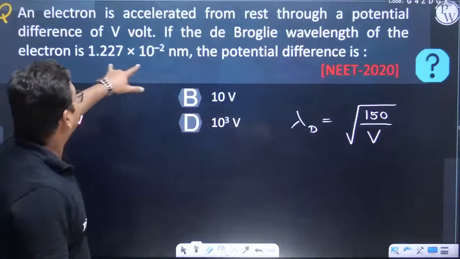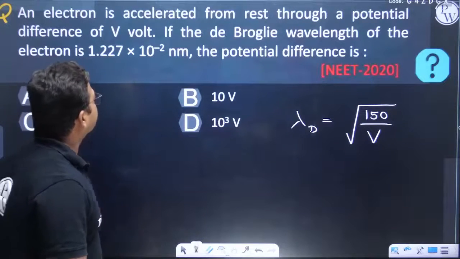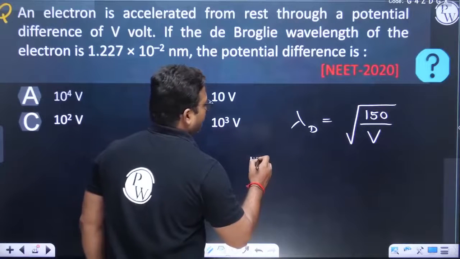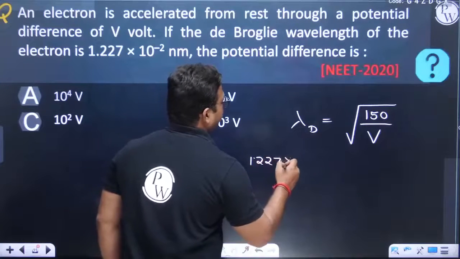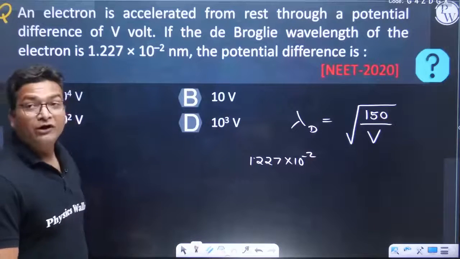We have the de Broglie wavelength as 1.227 times 10 to the power minus 2 nanometer.